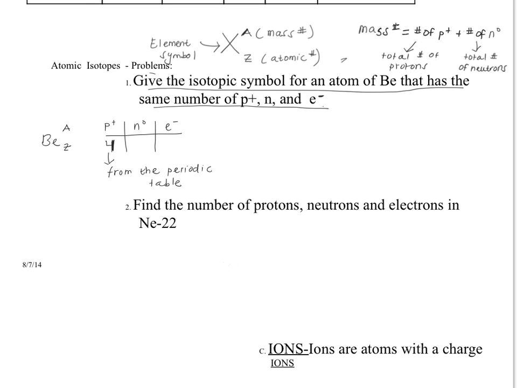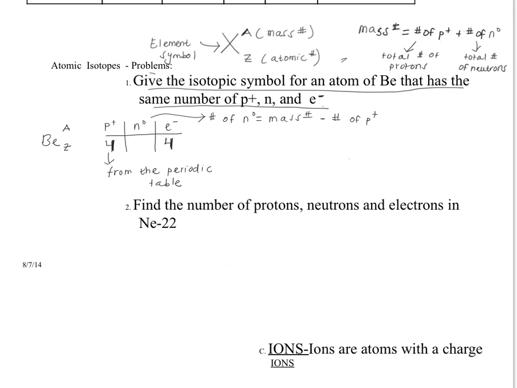Because this is a neutral atom, it's going to have the same number of electrons. So it has 4 protons and 4 electrons. And how can we get the number of neutrons? Number of neutrons is going to equal the mass number from the periodic table minus the number of protons.